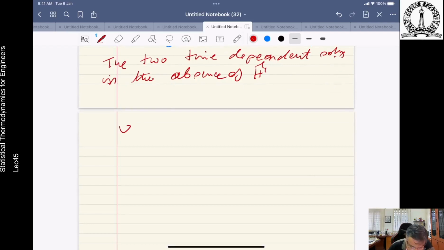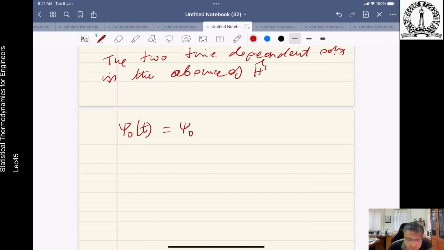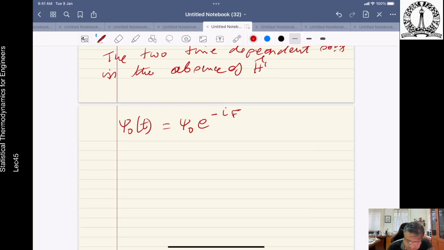is given as ψ0(t) is equal to ψ0 e to the minus i E0 t by ħ, which is equal to ψ0 e to the minus i ω0 t.